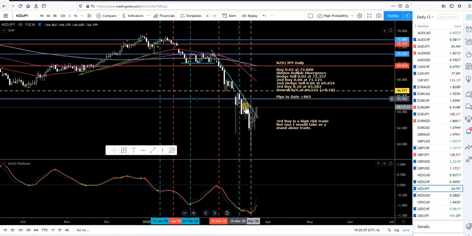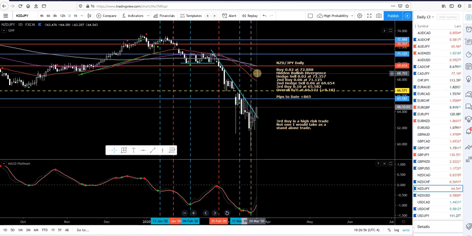So I've drawn this trend line across here, and now we've got this one popping up today. And possibly tomorrow I might take another buy. It'd be high risk, but because we've broken this trend line here, and MACD Platinum's still a fair way below the zero level, I'm happy to give this another go, add another trade to it, probably the same size, 0.10, and it'll bring down my overall break even and just get out of this thing because I'm going against the trend.